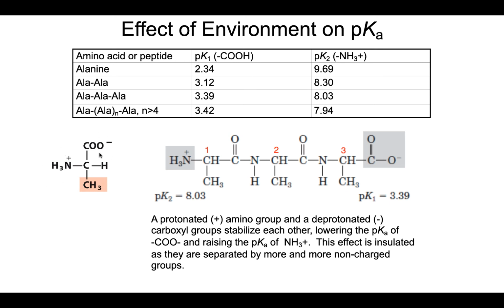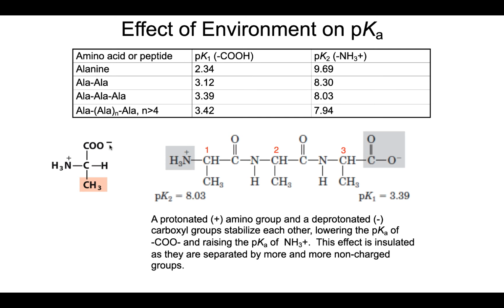There isn't going to be as strong an interaction between this alpha amino group and this alpha carboxyl group. So that interaction is going to become weaker and weaker. So let's think about that. If that interaction is becoming weaker, then there is nothing stabilizing the deprotonated state of this carboxyl group.